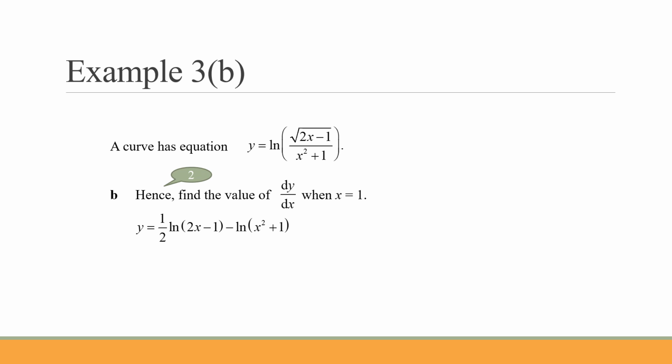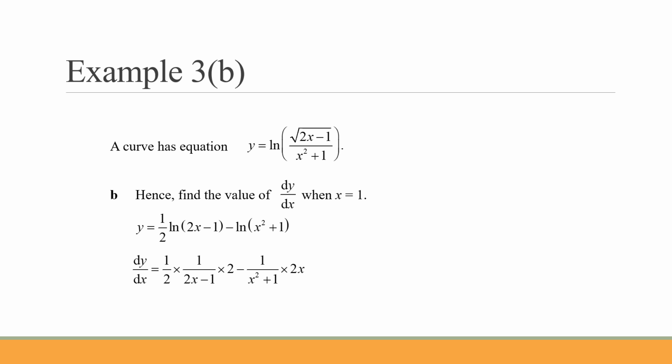Because there's a function y there, we have to find dy dx. The terms are different, so we don't need to use the product rule here. When you differentiate half log 2x minus 1, you get half times 1 over 2x minus 1 times 2.